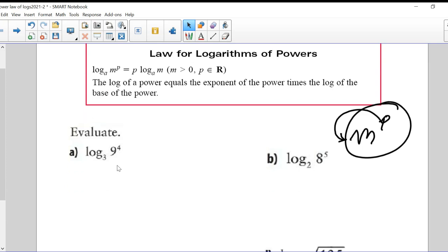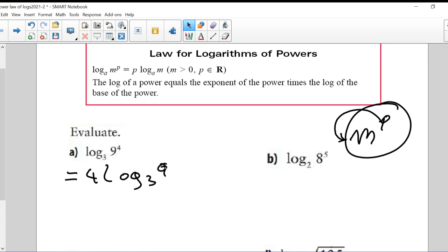Okay, so what does that mean for a question like this? Well, it's very simple. It means if I was asked to find the base 3 log of 9 to the power of 4, then I can write that as 4 times the log base 3 of 9. All I've done is I've taken the 4 and put it in front of the log.